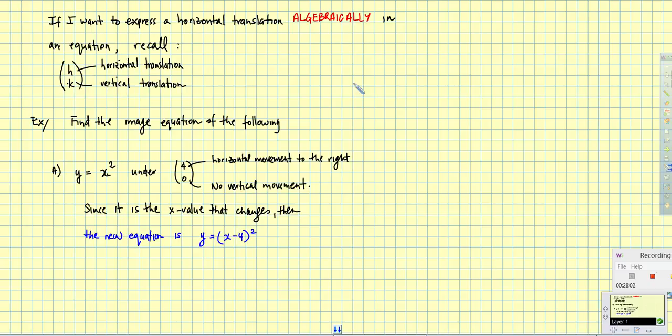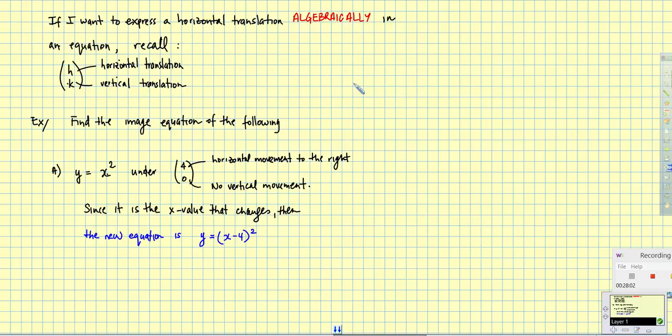So if I am given, find the image equation of y equals x squared under this movement, and the movement is a horizontal movement of 4, 0. So 4, 0 is referring to x, y. X is telling you that you are moving your graph 4 units to the right.